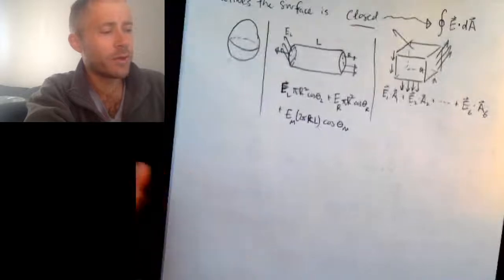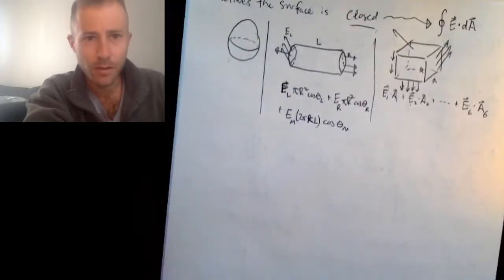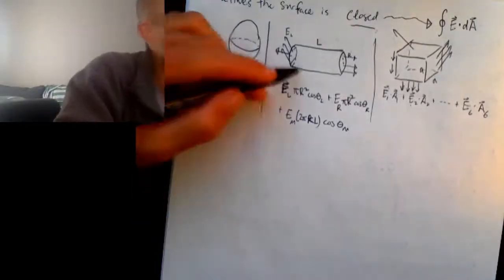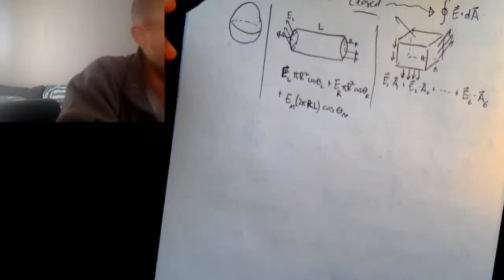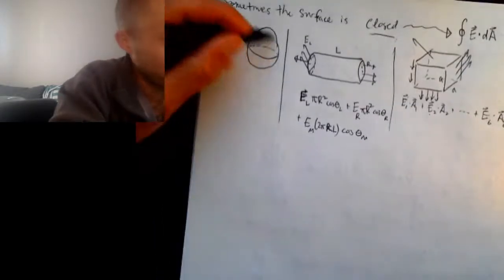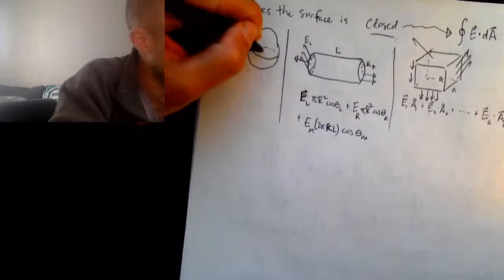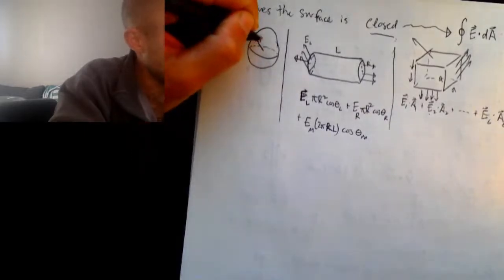So that would be the flux through a cylindrical surface. Now let's suppose we have a sphere of radius r.